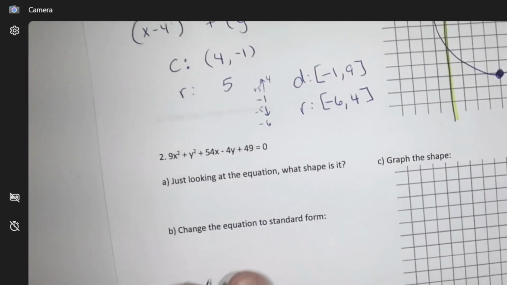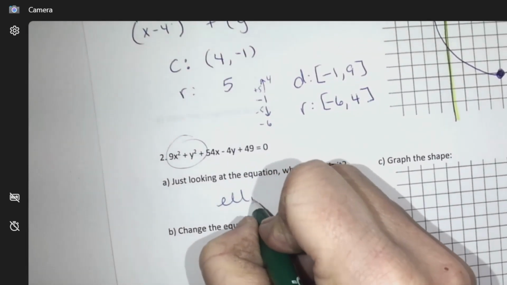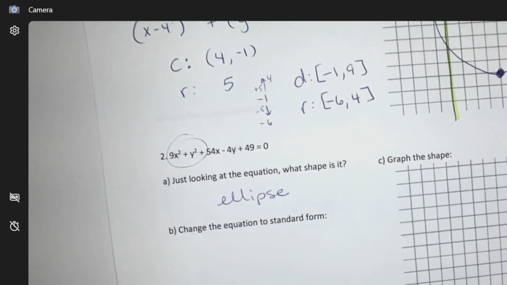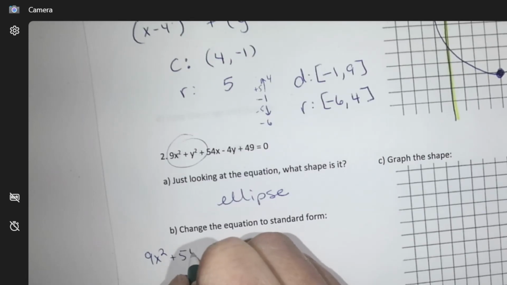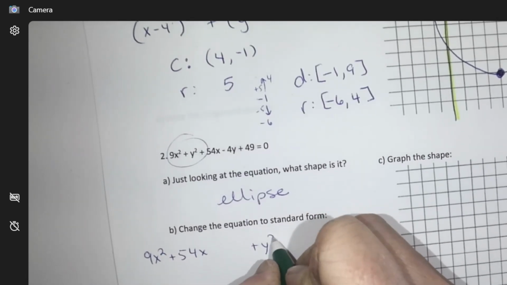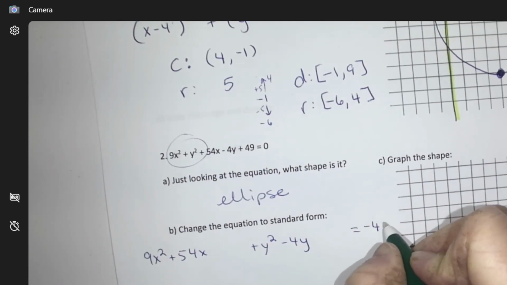Okay, next question. What is it when you look at it right away? It's an ellipse because there's a plus and they're different. So recognizing that, we're going to do the same thing. We're going to put the x's together, the y's together, move the number.